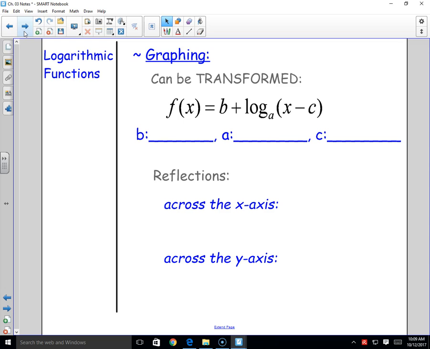Transformations. The same way that we can transform exponential functions, we can also transform logarithmic functions.